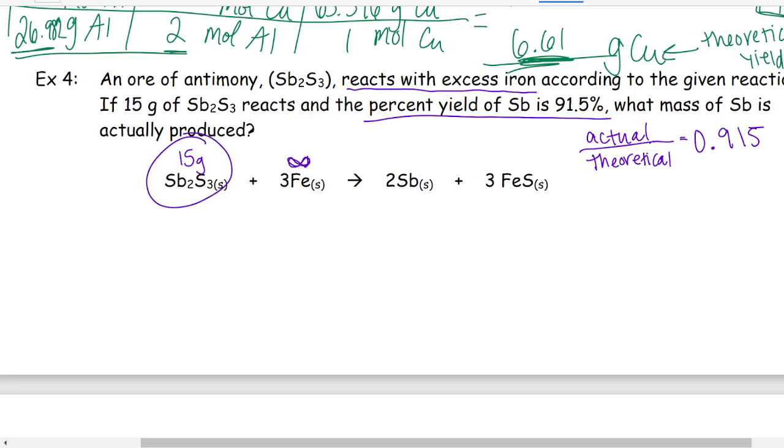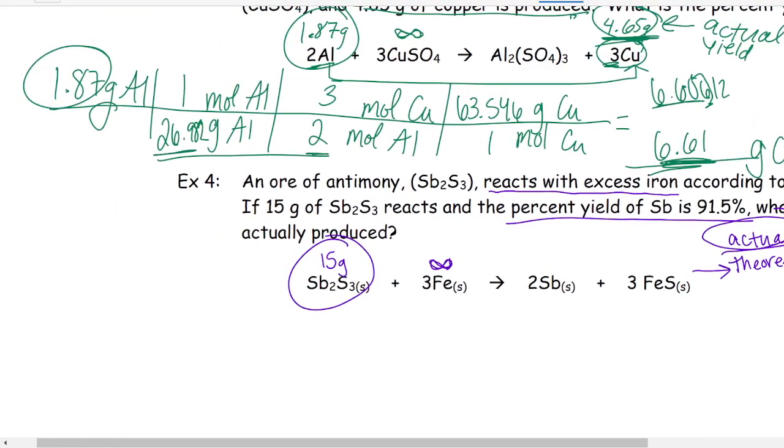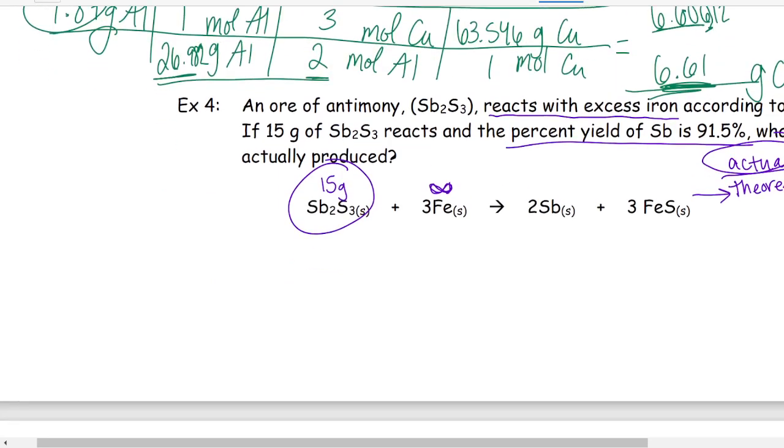Oh, we are trying to find the actual. We don't have the theoretical yet, but I have this information, which if you look at my previous two questions is how you calculated your theoretical. So you can use this information, your 15 grams, to calculate theoretical yield.